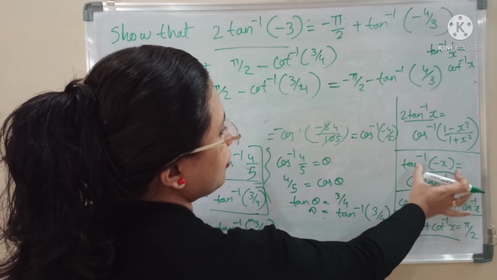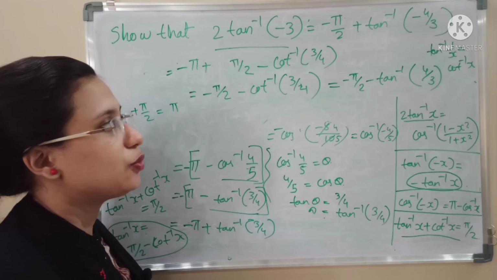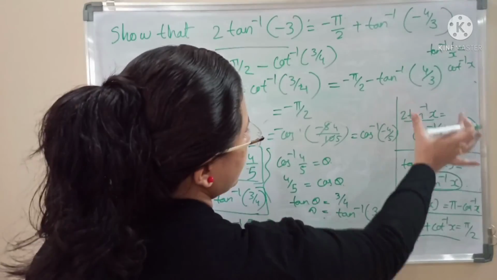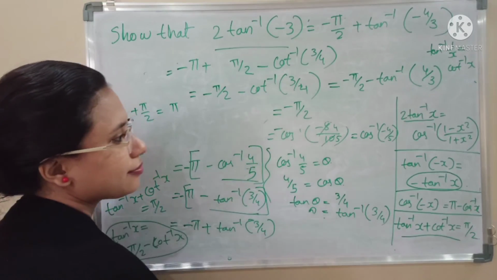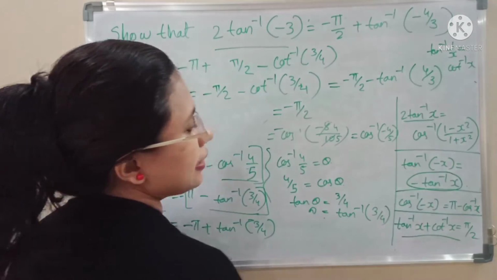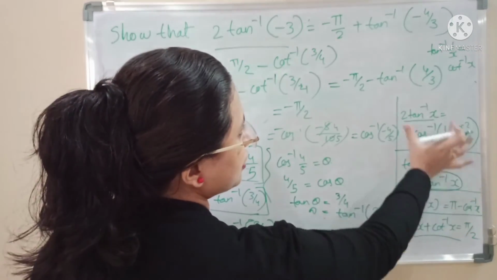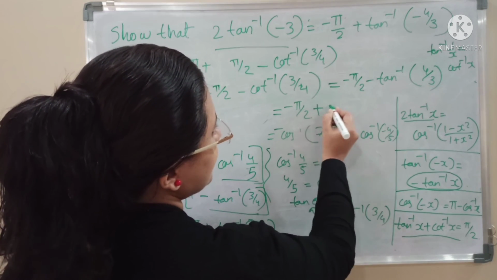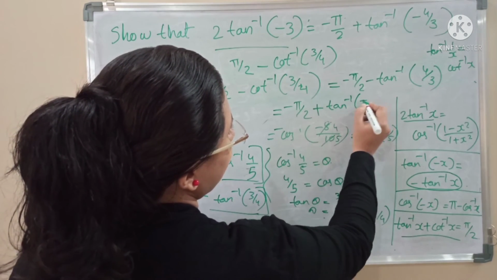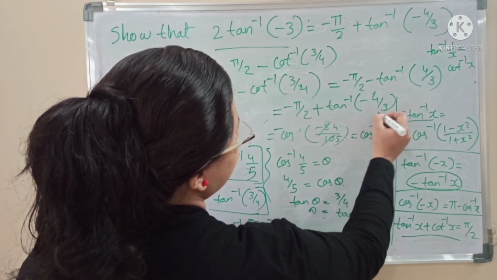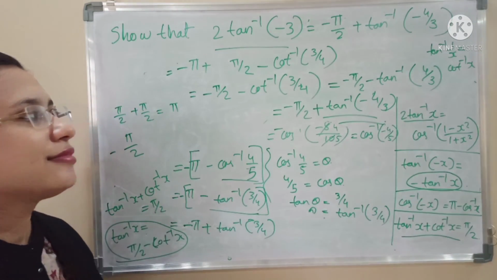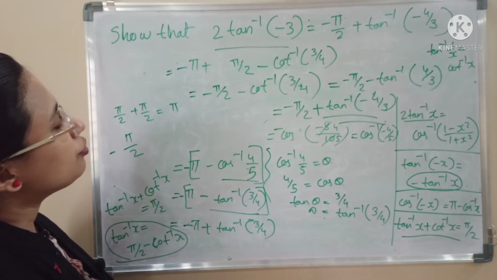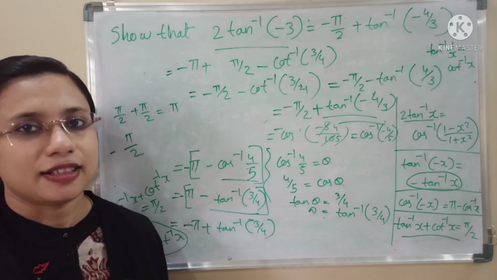So if we replace this with tan inverse of minus x, the whole term gives minus pi by 2 plus tan inverse of minus 4 by 3. So this is our proof. We have proved LHS equals RHS.